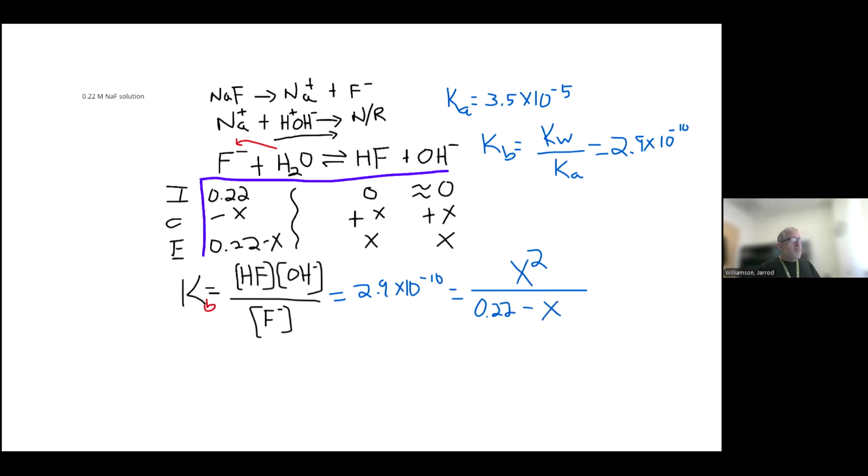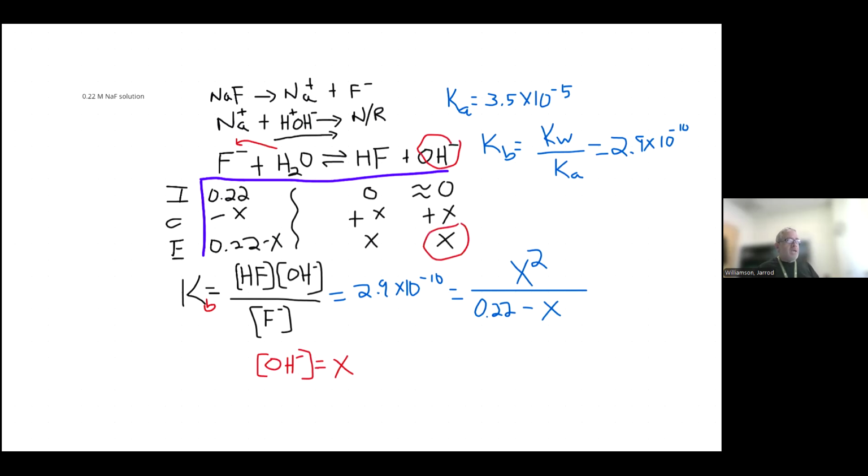So I'm going to end up with the hydroxide ion concentration is equal to x. How do I know? I set up the table.